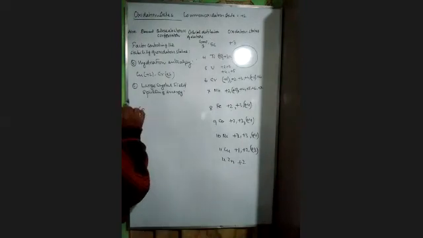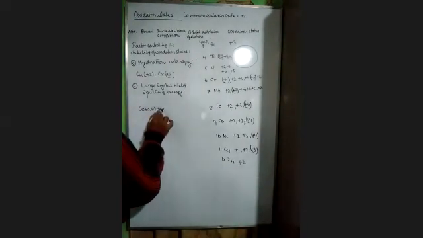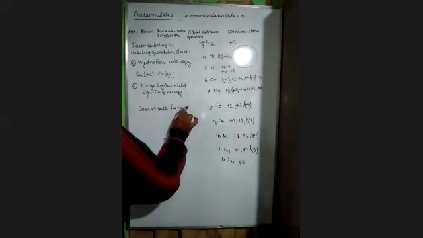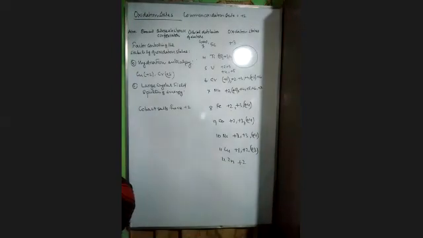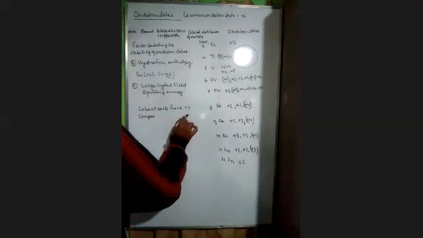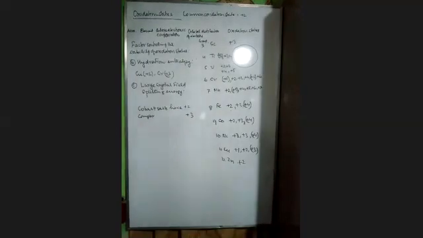Most of the cobalt salts have +2 oxidation state. But when it forms complex, it has +3 oxidation state. So this one please leave it now.